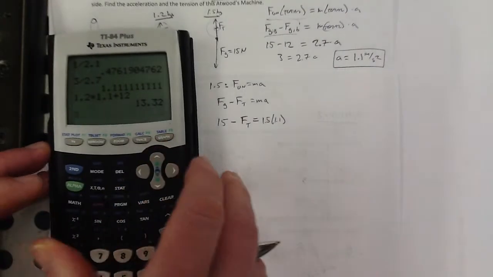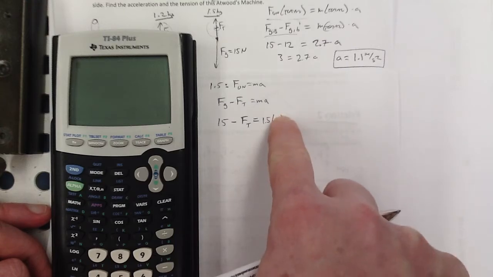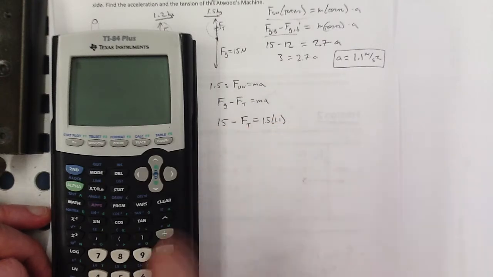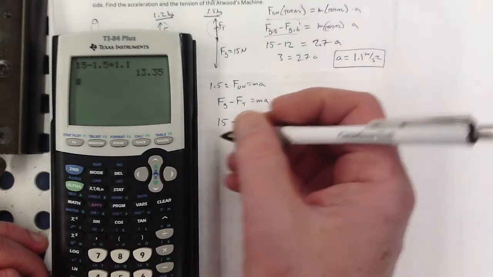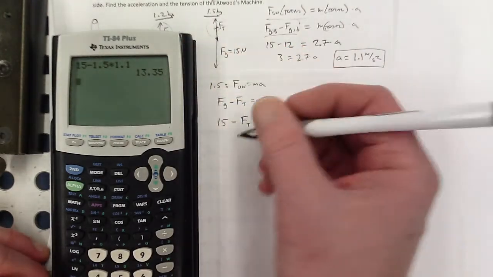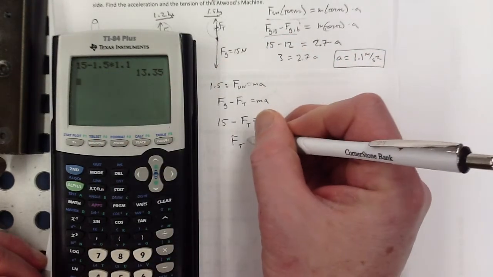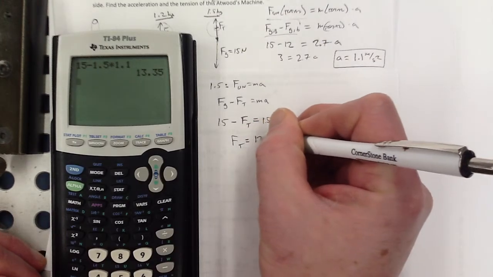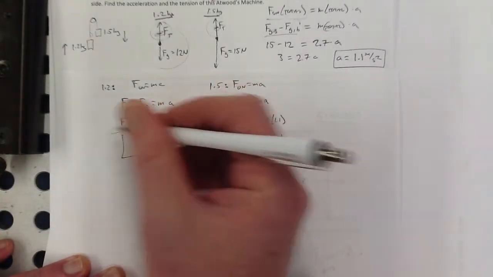Algebra-wise, I would have to add the force of tension over here and then subtract this. It's 15 minus 1.5 times 1.1. Hey, 13.3. If you're like, no, that's 13.4, that's wrong, well, we rounded things along the way. Remember, this was really 1.1 repeating. So let's settle down, all right? We're going to call it 13.3. There's my tension force for number 6.